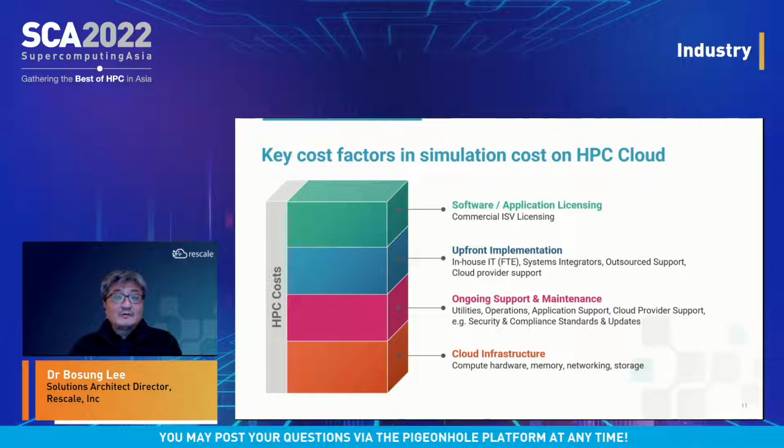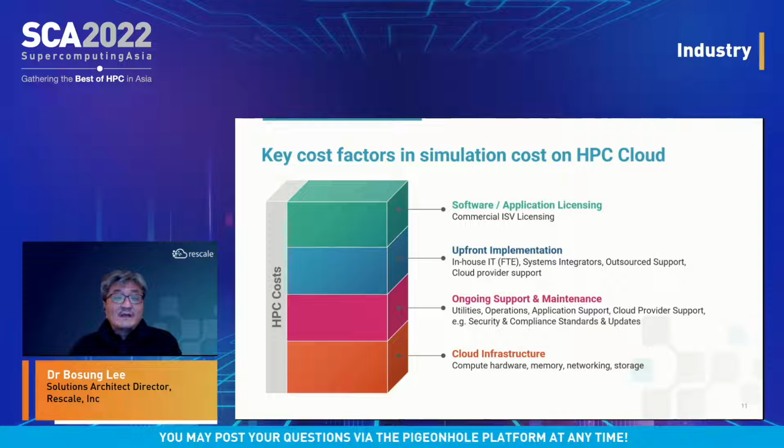In the cloud environment, it is the IaaS cloud cost, and in the case of on-premise HPC, the on-premise hardware cost. In the infrastructure cost, sometimes system software such as a job scheduler needs to be included. With the infrastructure cost, the support and maintenance cost and the HPC implementation cost should be included.